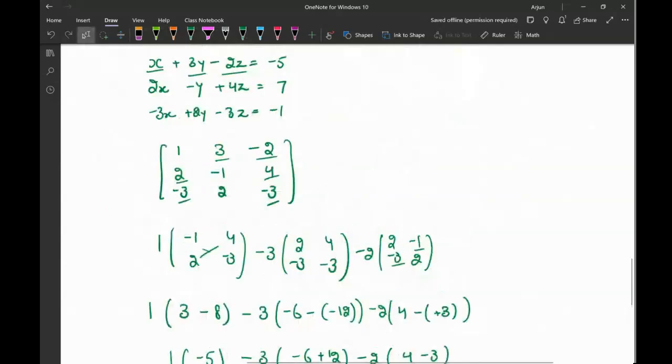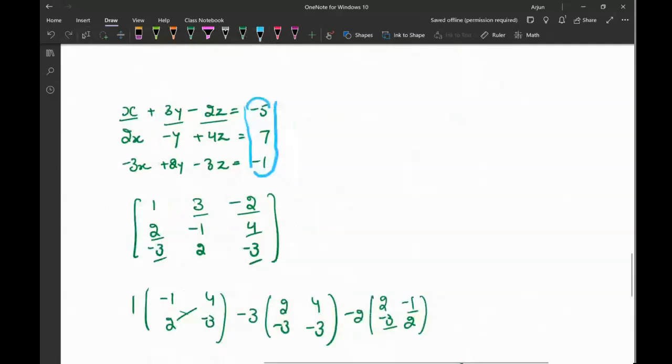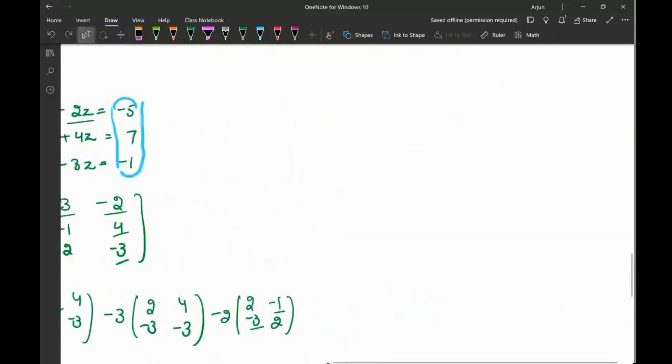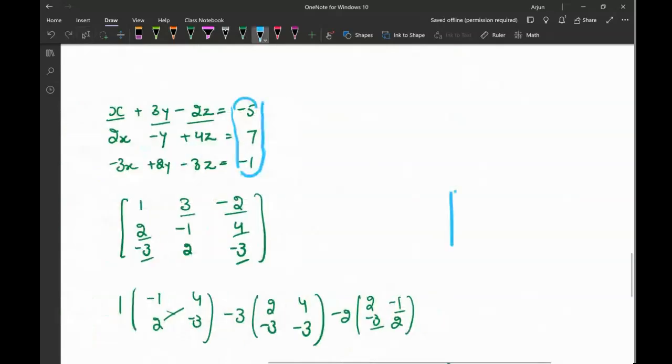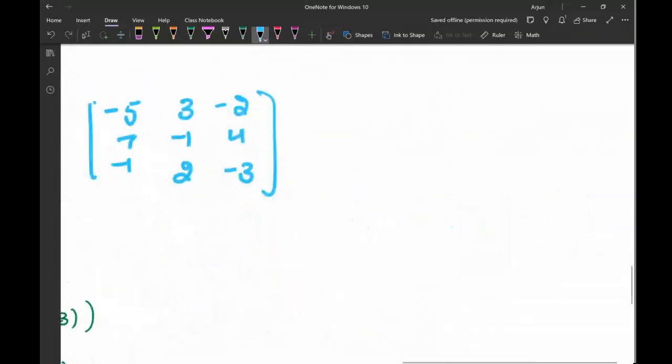Now I'm going to replace the first column with the constant values to find the x variable. So the matrix was like this. I'll replace column 1 with minus 5, 7, minus 1, then here 3, minus 1, 2, minus 2, 4, minus 3. Now we will try and simplify this.